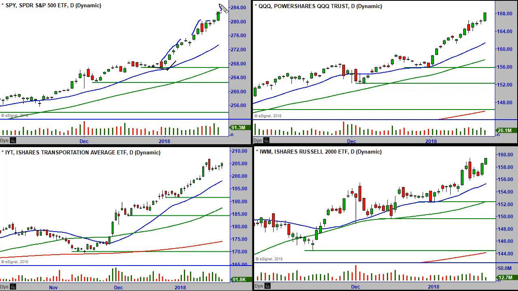And what you want to be careful of is if they just continue to shoot straight up from here and form a void below of any support. The further prices push to the upside, the greater the probability of a deeper correction or longer sideways consolidation to consolidate those gains, either sideways or down. So we'll see. And the Qs are doing the same thing.